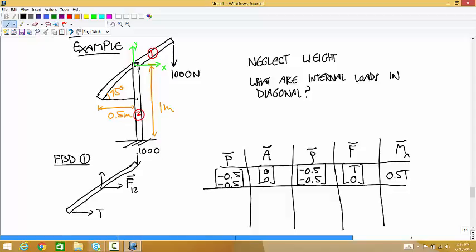Then next is the force F12. That's at the about point, so there's not going to be any row vector. The force vector is F12 x and y, and there's no moment.